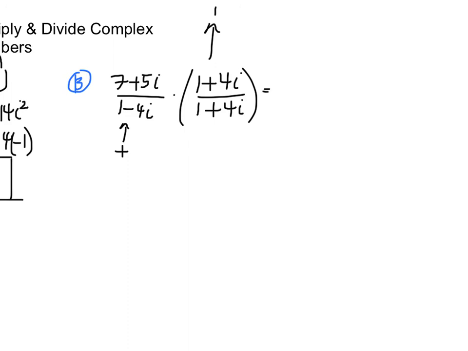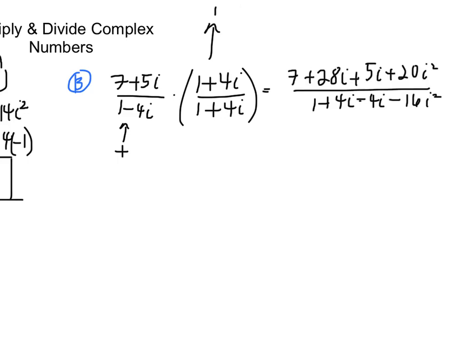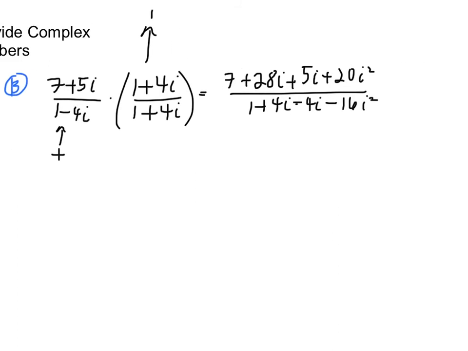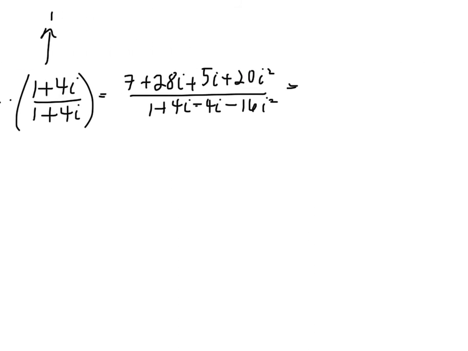So we're really not changing the answer, but simplifying it. We're going to do FOIL on the top, and then we have a difference of squares on the bottom. After that, we simplify the i squared on the top, combine like terms, and do the exact same thing on the bottom.